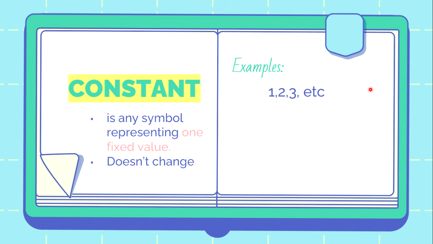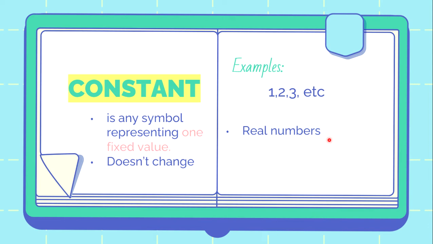Also, the real numbers we just discussed. The whole numbers are zero and the natural numbers. Also the integers: negative, zero, and positive numbers.